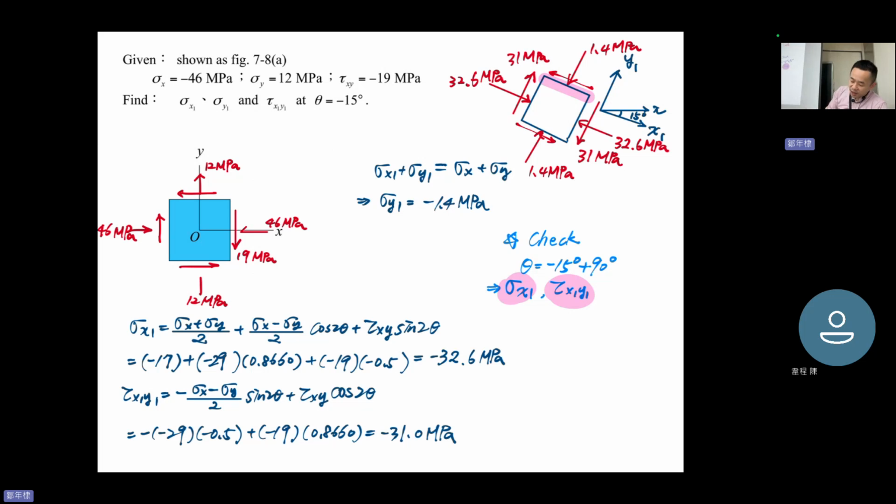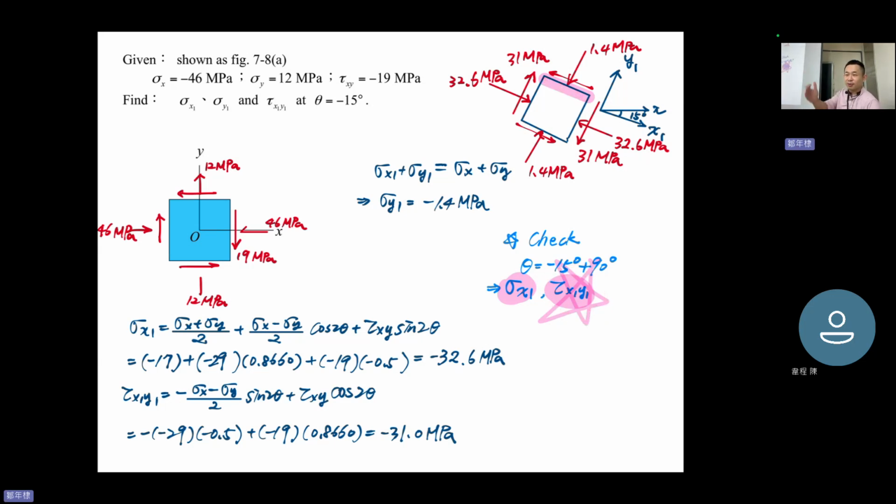And a very, very important thing is that the tau x1 y1 you should be really careful. Okay, why? Anyone wants the bonus? Anyone want a bonus here? Can you predict if you check theta equal to minus 15 degree plus 90 degree, what is the sign, positive or negative, for the new tau x1 y1 for this pink area?